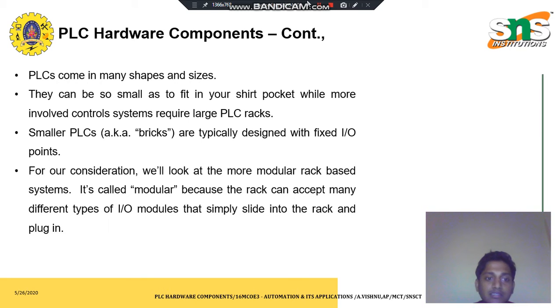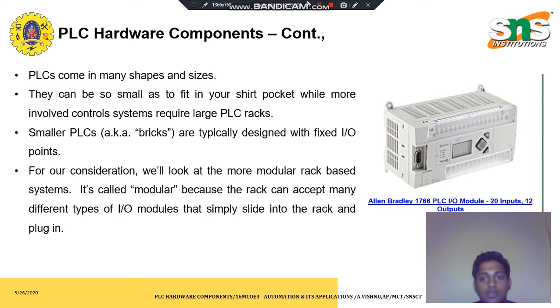And the large PLCs we call modular ones. They consist of multiple racks. You can add a number of racks based on your input and output handling numbers. The modular type of Allen Bradley PLC with 20 inputs and 12 outputs is shown on the right side of your slide.